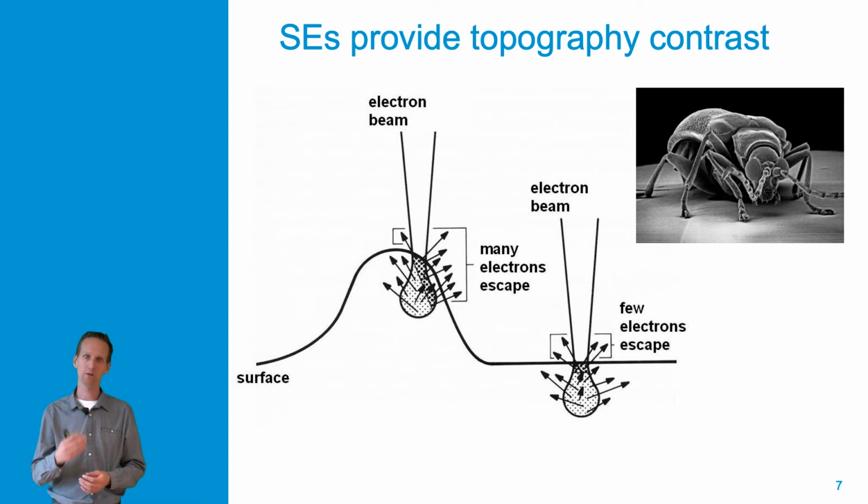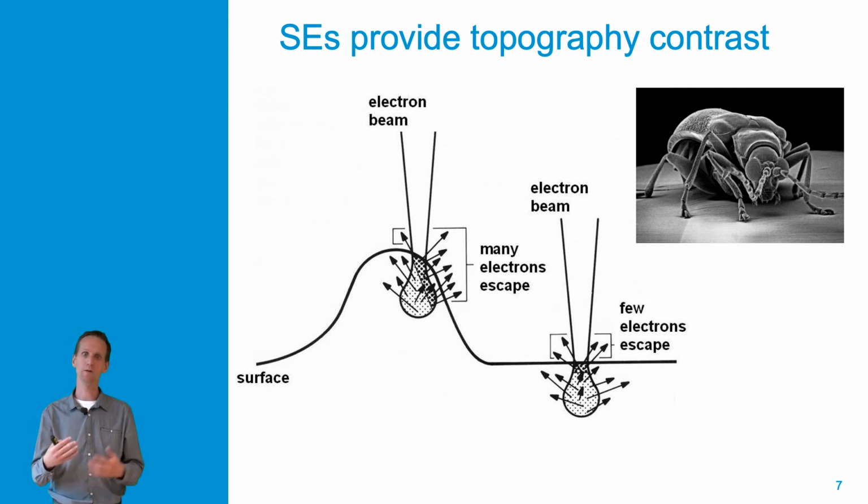Now the important thing to realize for these secondary electrons is that when we have a relief structure on the sample, as indicated to the left in this image, a larger fraction of the interaction volume may be exposed to the outer surface. This means that more secondary electrons may escape from an inclined surface than from a flat surface or from a trench.